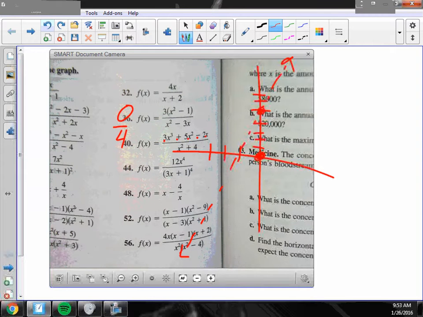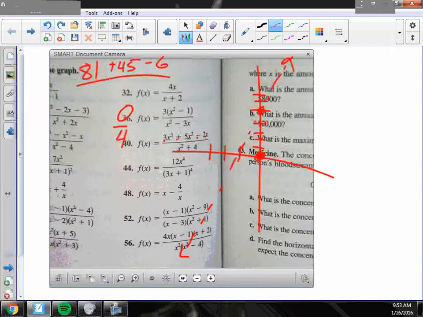I don't know. So if we plug in negative 3, that would be 27 times 3 is 81. 15 times, 5 times 9 is 45. Minus 6 over 9 plus 4 is 13. Did I mess something up? Oh, they were negatives. I messed it up.